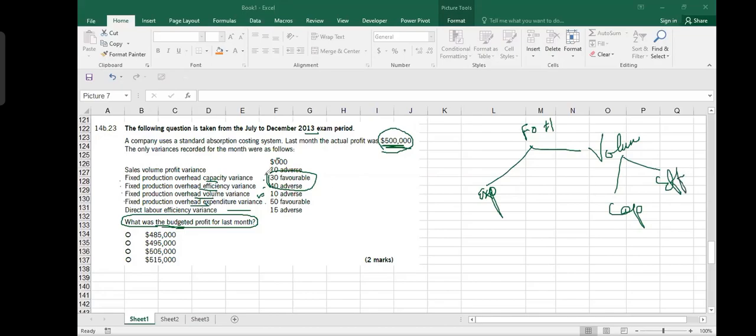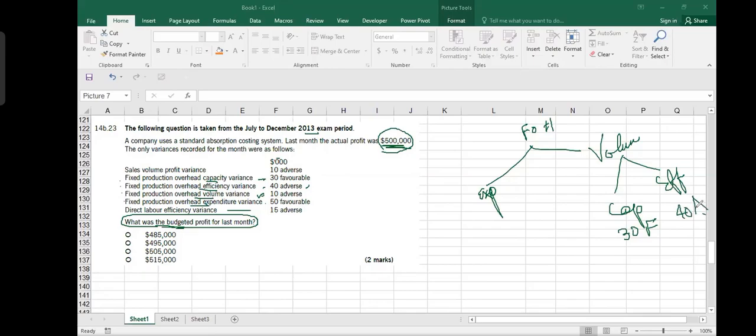So you cannot take this one like 30 and then 40 and then 10. Either you take 40 and these two, or you take this one. You cannot take all of them because these two are inside of that. If you pay attention, they are telling you here that your fixed overhead capacity variance is 30 favorable, and then your efficiency variance is 40 adverse.